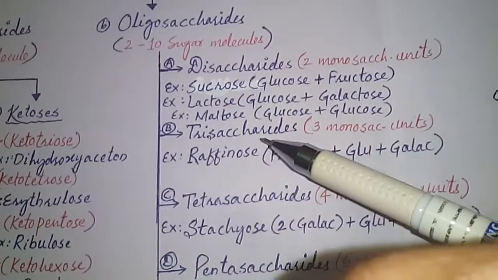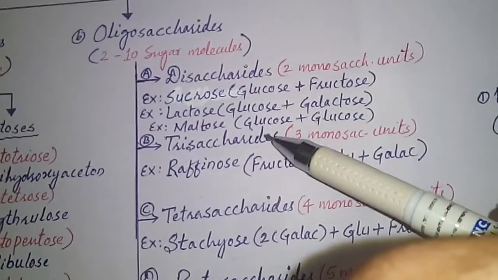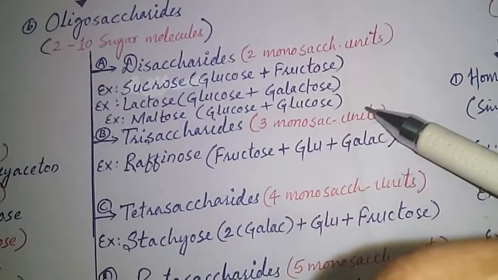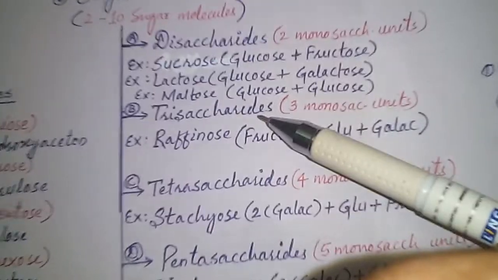Then the second type of oligosaccharides is trisaccharides. Trisaccharides are oligosaccharides which contain three monosaccharide units. Tri means three and saccharides means sugar molecules.